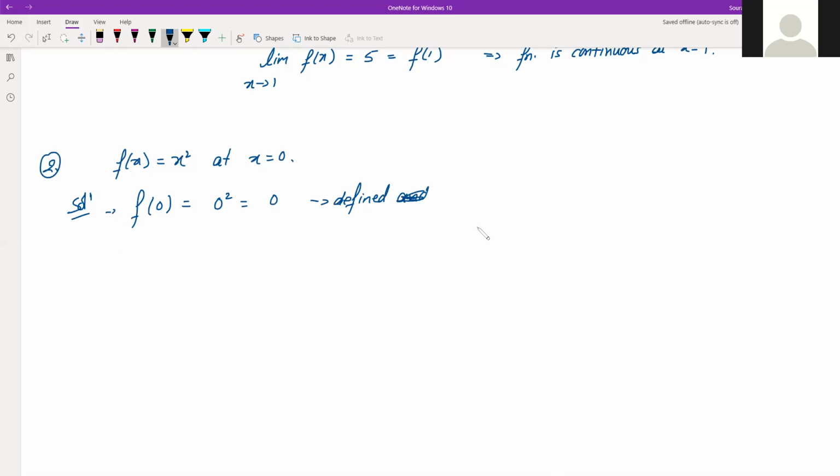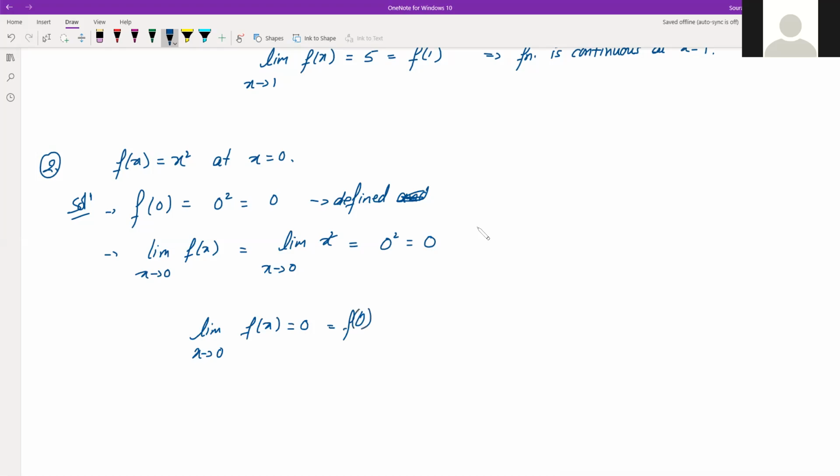Next point, what do you have to do? You have to find limit of the function at the given point, that is when x tends to 0. So that will be equal to limit x tends to 0 of x square, that is equal to 0 square or 0. So again, limit x tends to 0 of f(x) is equal to 0, and that is equal to f(0).